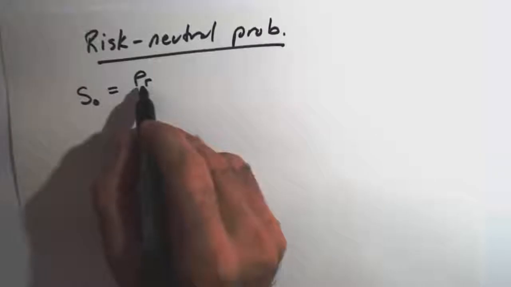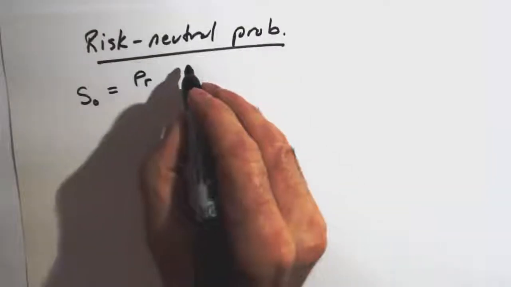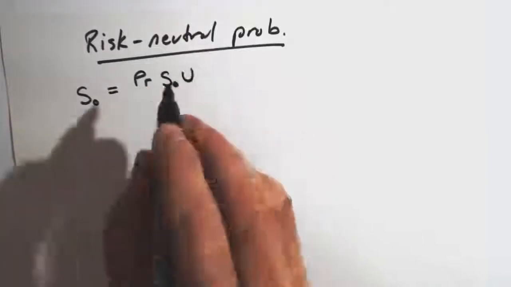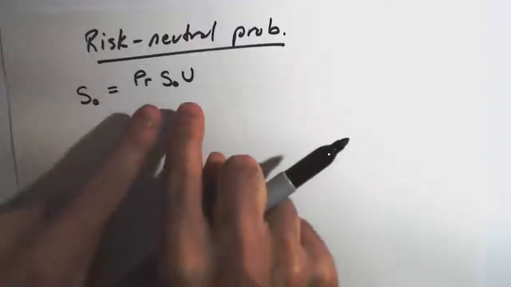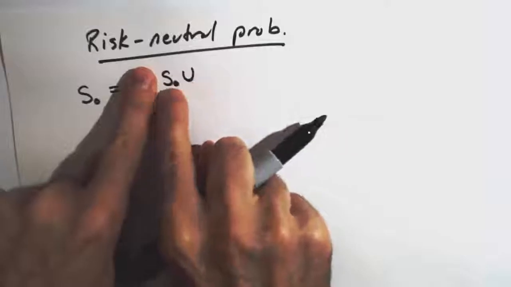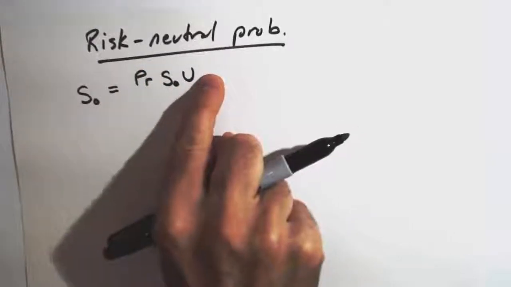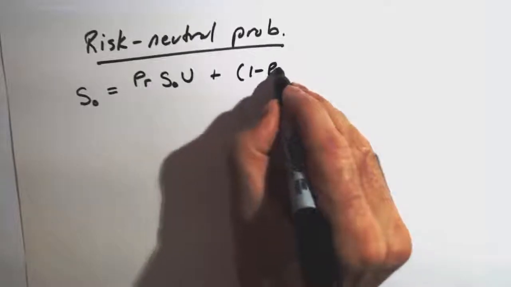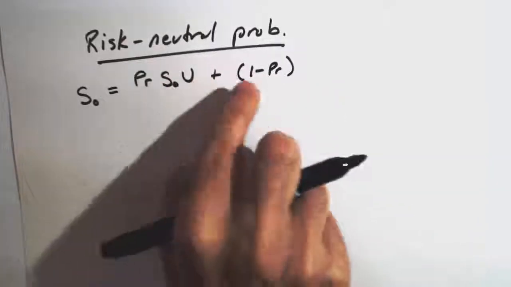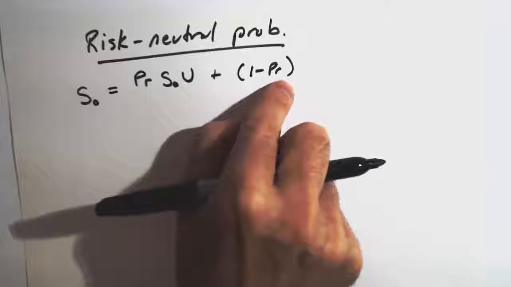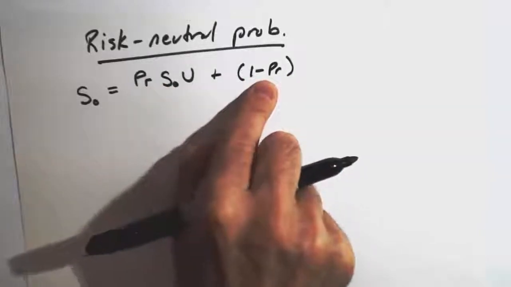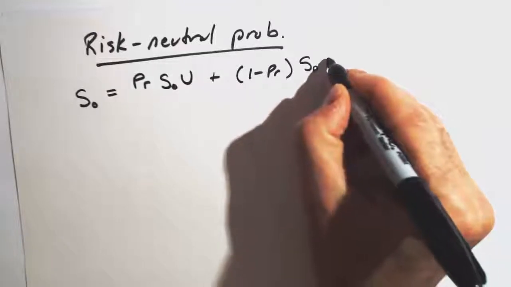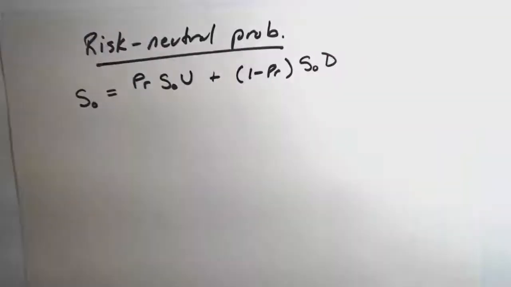It's a probability. So PR times the stock price today times U. If you recall, that's US right here. The stock price times U is the US, plus 1 minus the probability, because the probabilities have to add to 1, and when you have PR, 1 minus PR forces the probabilities to add to 1, times the stock price today times D, the down node.